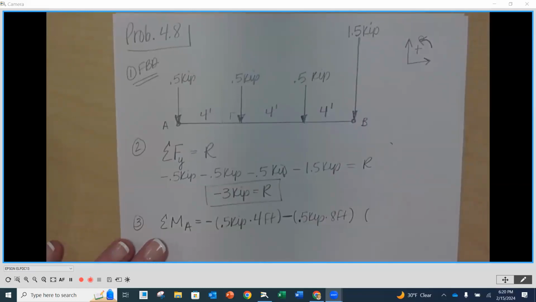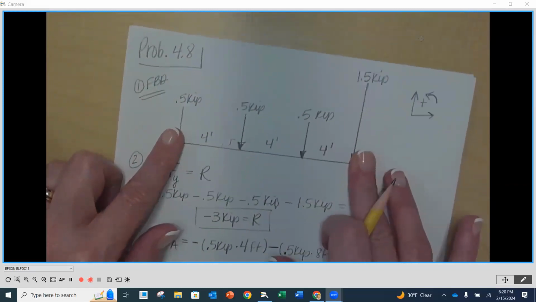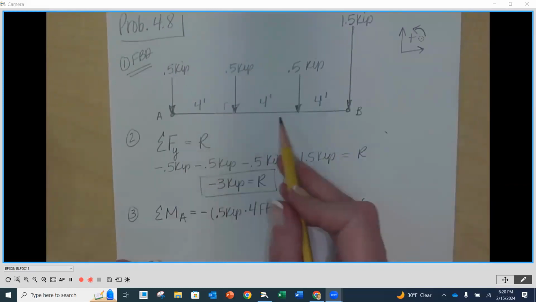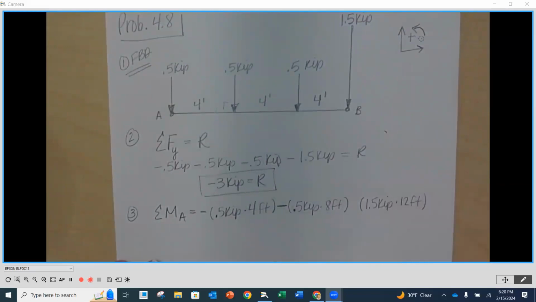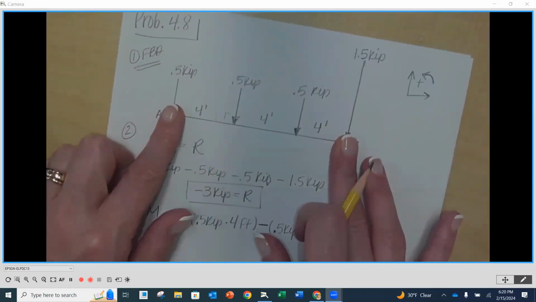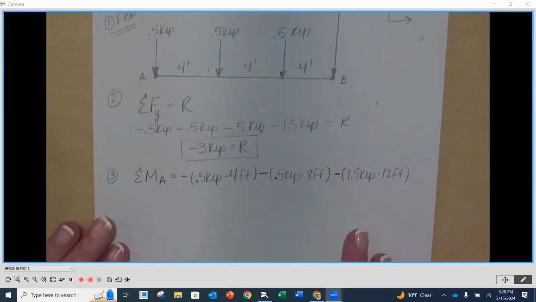And then the last force is 1.5 kips times 12 feet. It also rotates clockwise, so negative out front for that one as well.